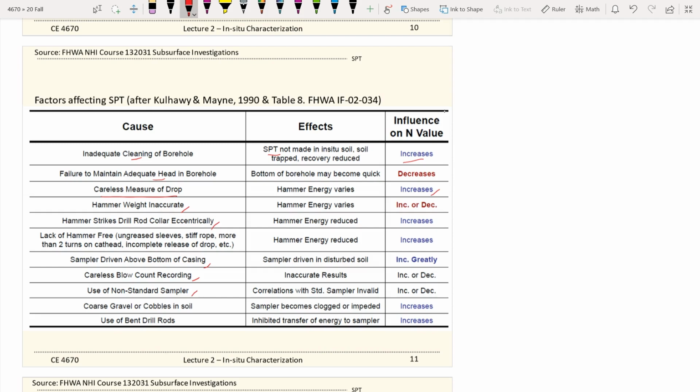Very likely, back in those days, the field testing available was the SPT, and making use of that data will be helpful for the project. So understanding all of this is essential as a geotechnical engineer.